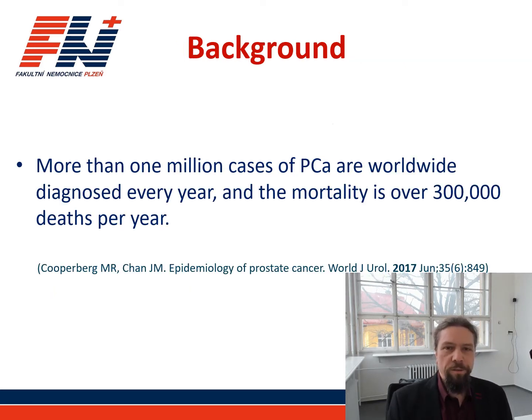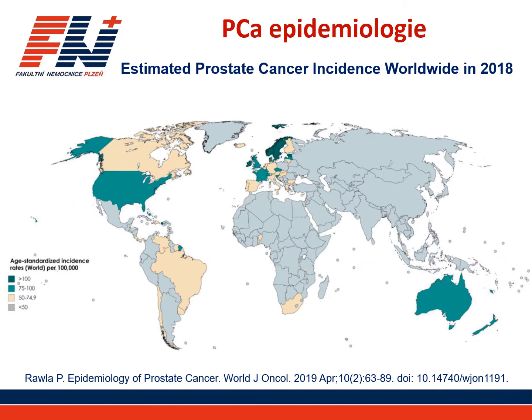Here is a brief background. More than 1 million cases of prostate cancer are diagnosed worldwide every year, and the mortality is over 300,000 men per year. Here is the picture about incidence of prostate cancer worldwide.